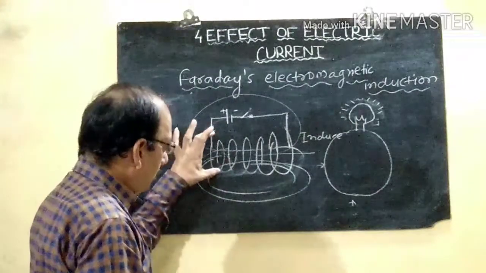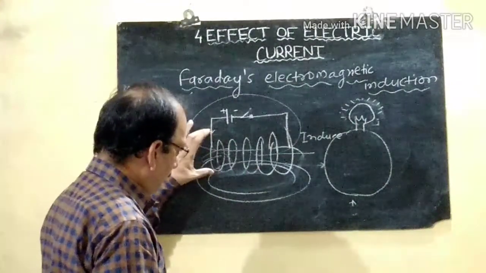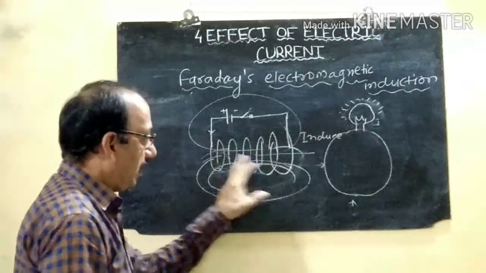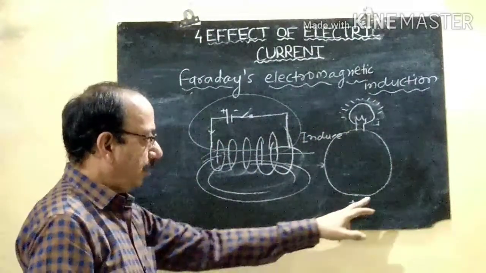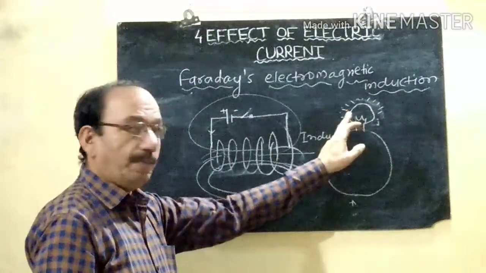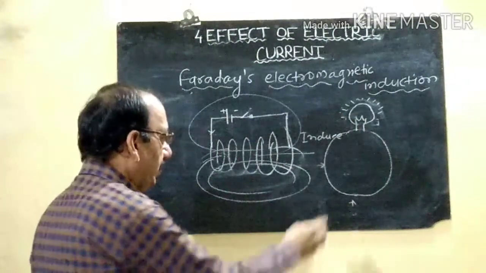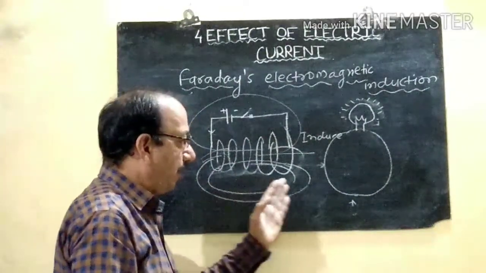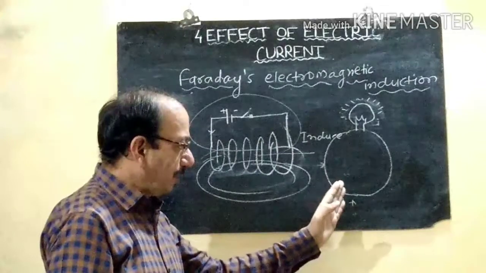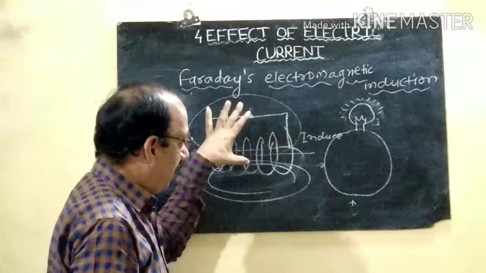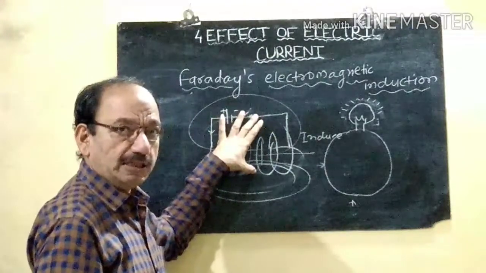When we bring the solenoid coil towards the coil, current is produced, and we conclude this with the help of the light, because the light flashes. Instead of moving the solenoid coil, we can also keep the solenoid coil stationary and move this coil.